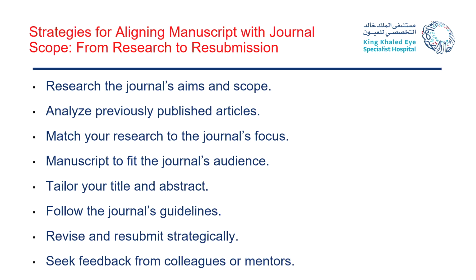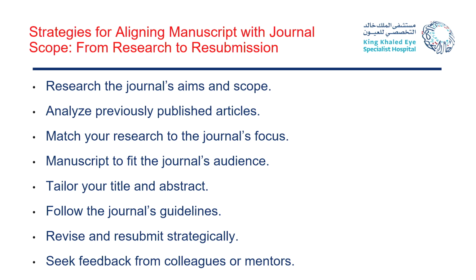Okay, these are strategies for aligning the manuscript with the journal scope, from research to resubmission. As Dr. Deepak mentioned, you can ask a friend to read your manuscript and see how much he understood, to make sure that the flow of the manuscript follows a logical order.